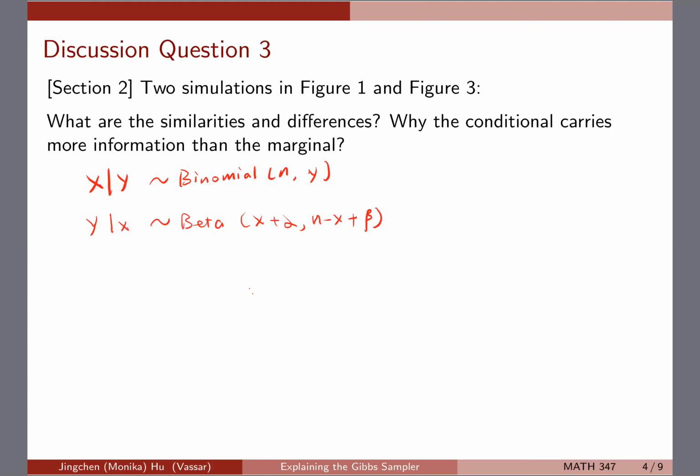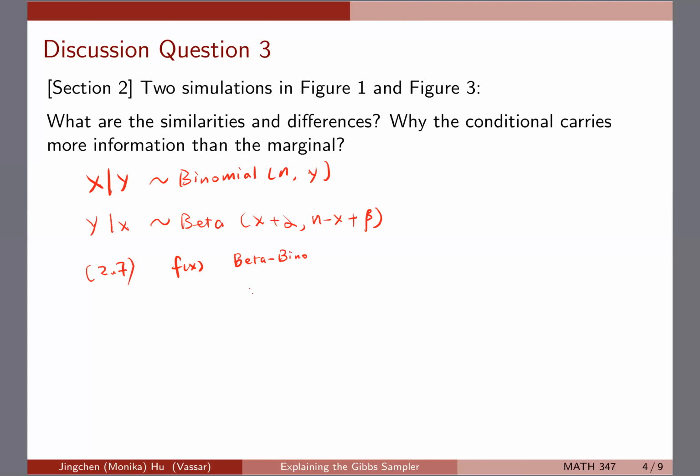And you will see in their equation 2.7, so even though pretty much you can write the joint of x and y, and then you can actually integrate out y in order to get the marginal of x. So what they tell you in equation 2.7 is that fx actually follows what they call a beta binomial distribution. So keep in mind that this is different from what we usually talk about.